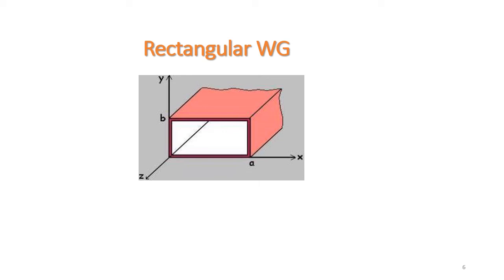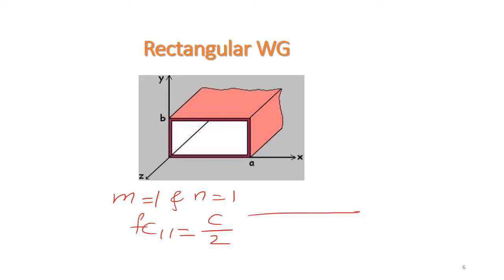Now we will find out for m is equal to 1 and n is equal to 1. If m is equal to 1 and n is equal to 1, then fc11 is equal to c by 2 times the square root of (1 by a)² plus (1 by b)².